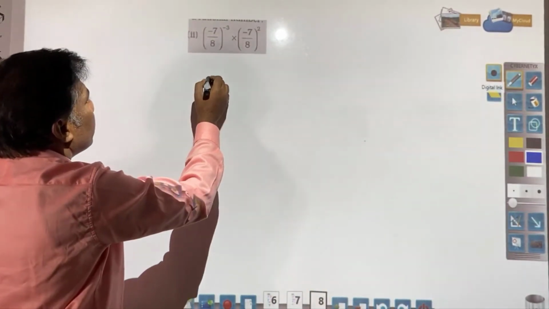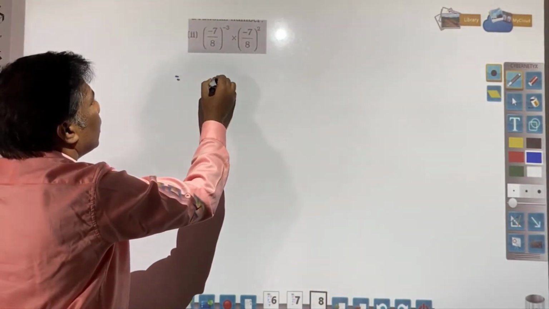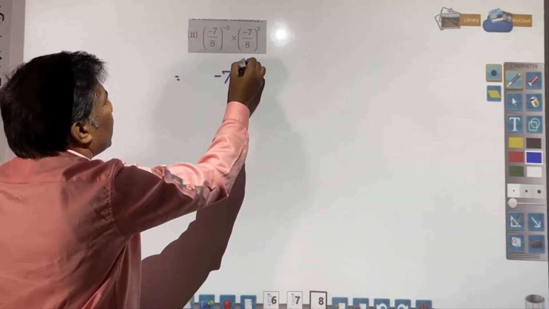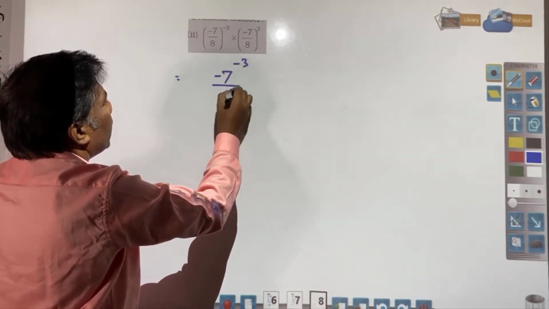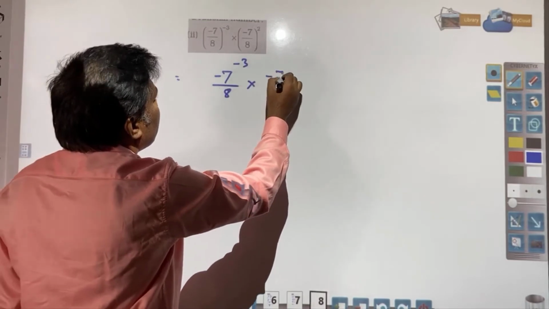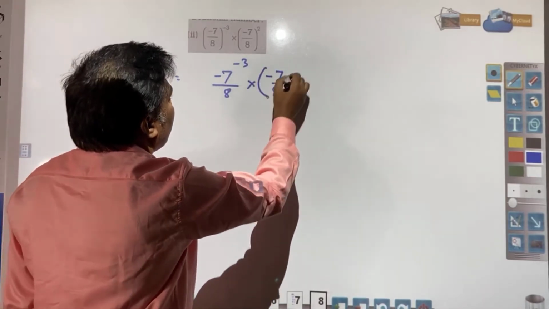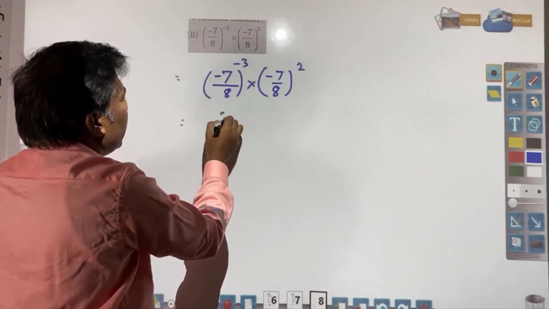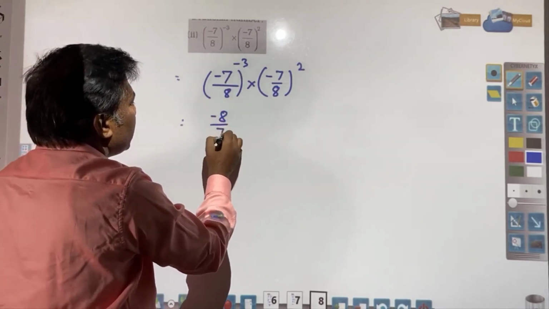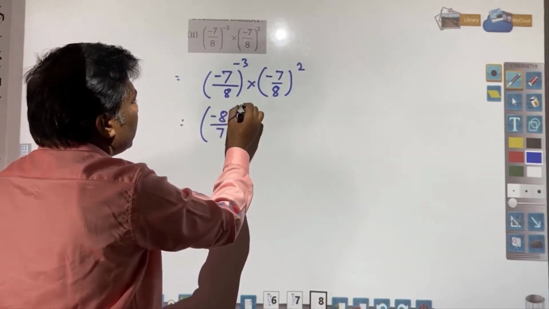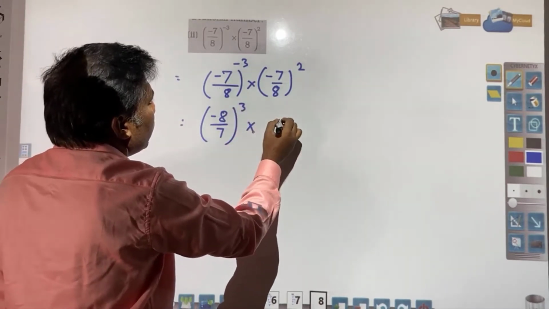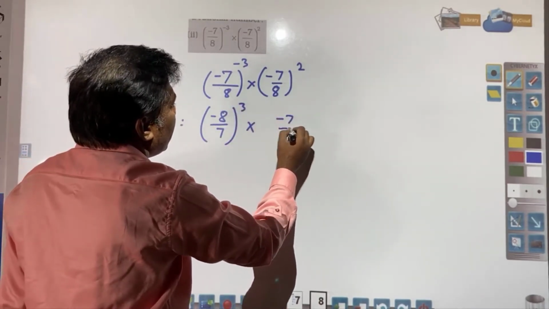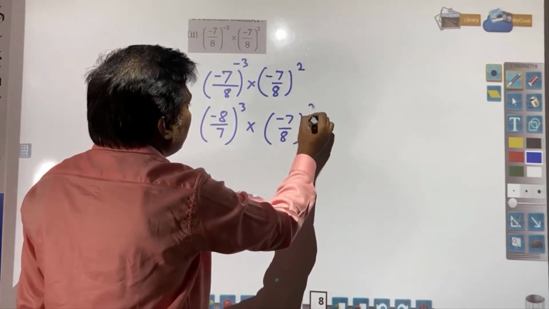Here we have minus 7 to the power minus 3 divided by 8 into minus 7 by 8 to the power 2. So it can be written as minus 8 by 7 to the power 3 into minus 7 by 8 to the power 2.